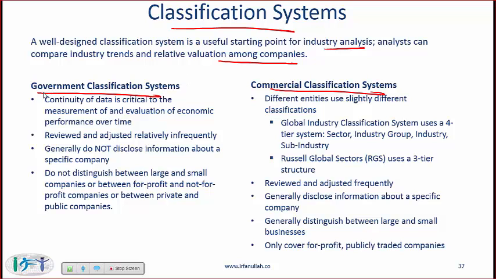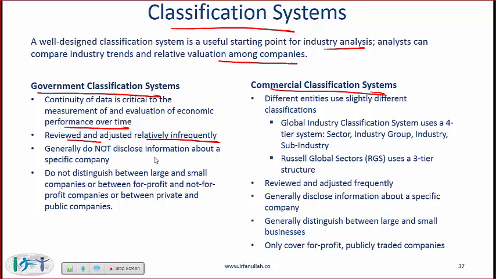When we look at government classification systems, continuity of data is critical to the measurement and evaluation of economic performance over time. Generally, these systems are looking at the performance of different economies of different parts of the world. Because continuity is so important, these systems are reviewed and adjusted relatively infrequently.